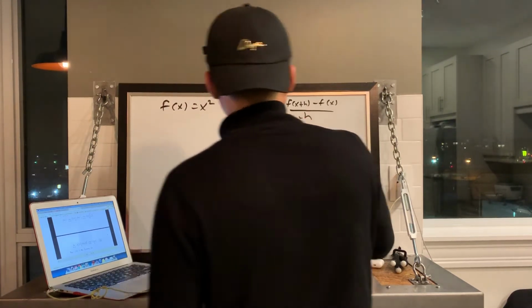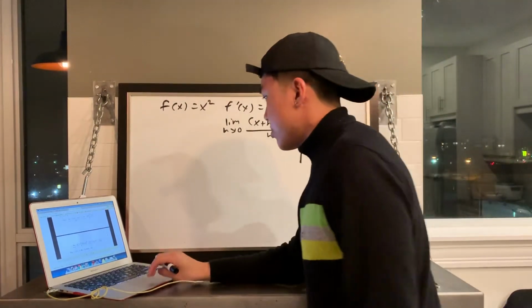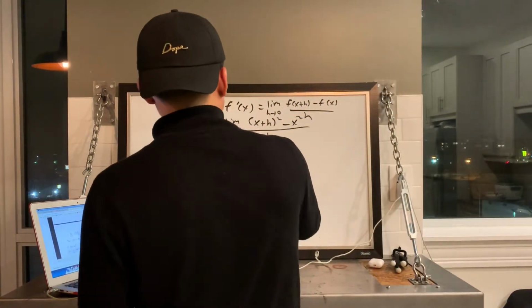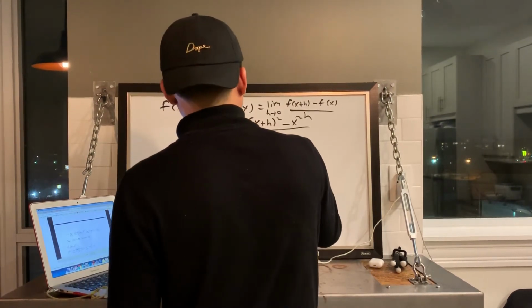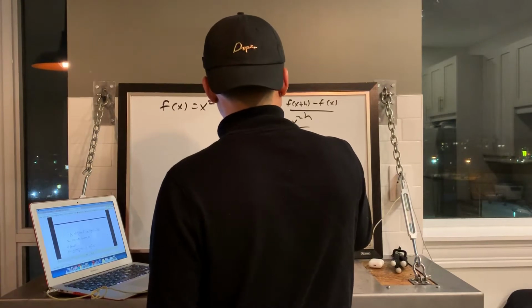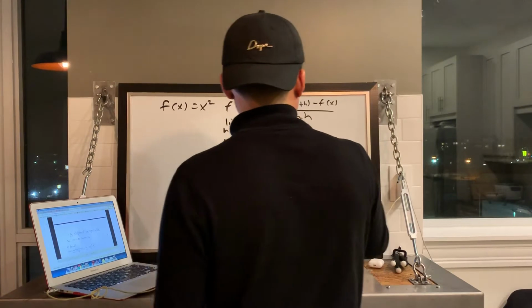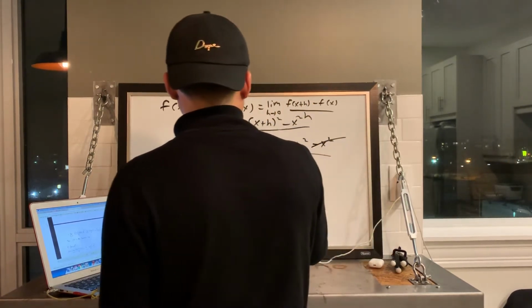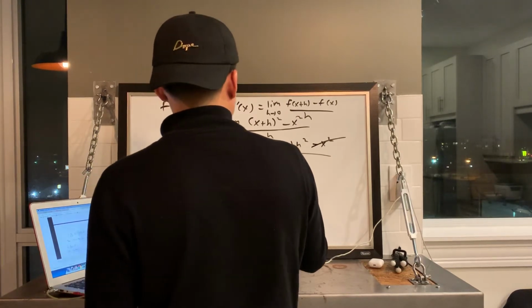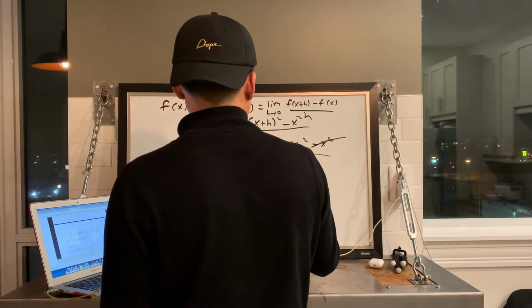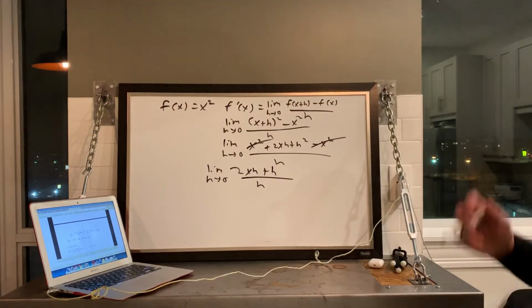What happens is that if you expand that, you get the limit again as h approaches 0, square the first term. So these cancel. And that's still all over h. So you have limit as h approaches 0 of 2xh plus h squared all over h.